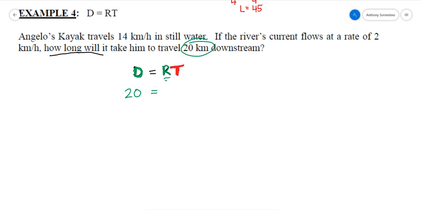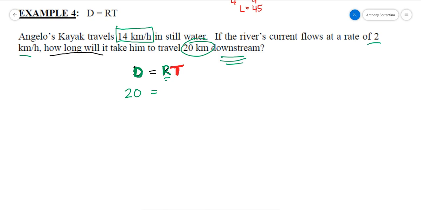The rate is a little trickier because they give you a rate in kilometers per hour for still water, but they also say that the river's current flows at 2 kilometers per hour. If you're going downstream, that means the current is working with you.